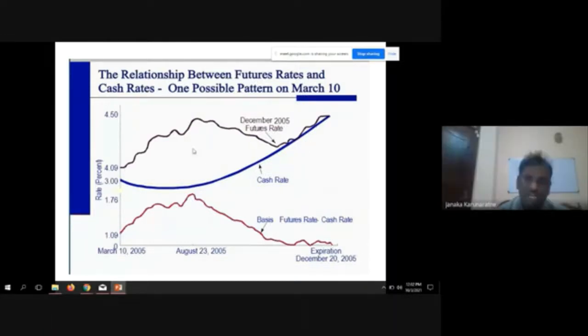Well in advance of maturity, from March 10 up to August, there is significant fluctuation. Then the futures rate comes closer to the cash rate towards expiration. So basis will be high well before expiration, but close to expiration, the basis becomes lower and lower, close to zero.